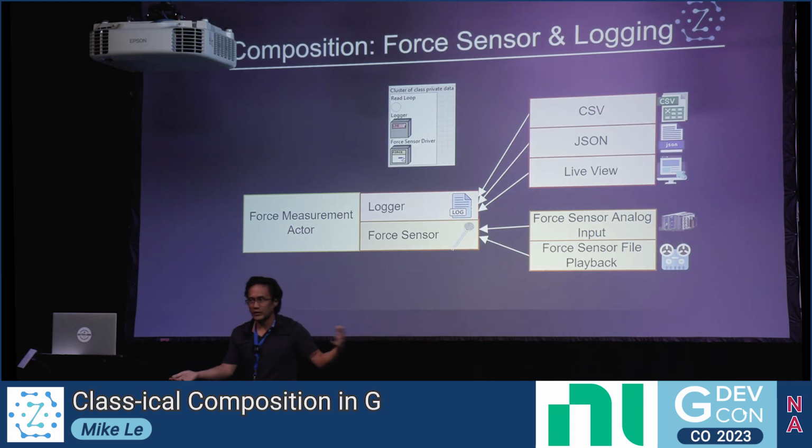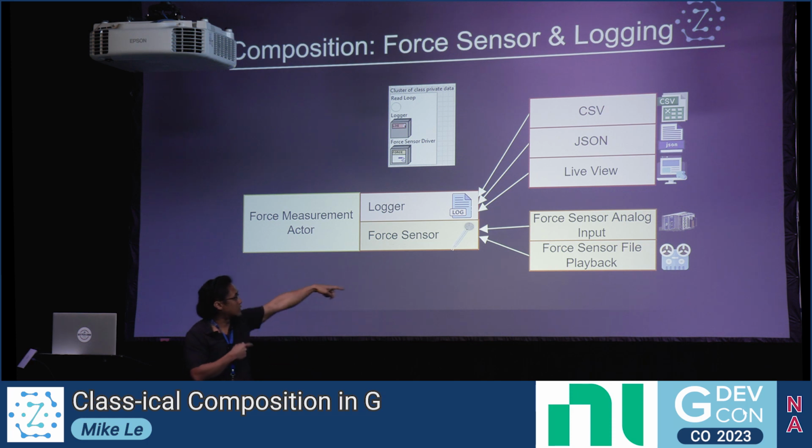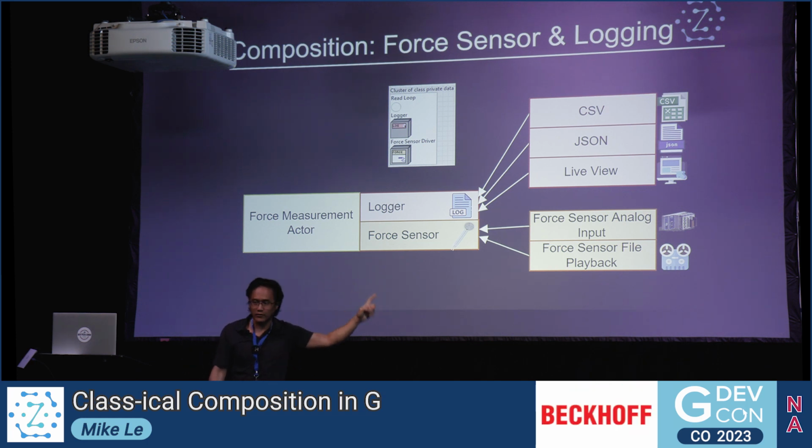You can mix and match freely, and the child classes of the behaviors. There's a CSV class, there's a JSON class, there's a LabVIEW class, and the file playback and the analog input don't depend on that at all. So you get the benefits of inheritance in the sense that the composed components can pick and choose their dynamic dispatch behaviors without being locked into a single inheritance tree. Any questions about that?